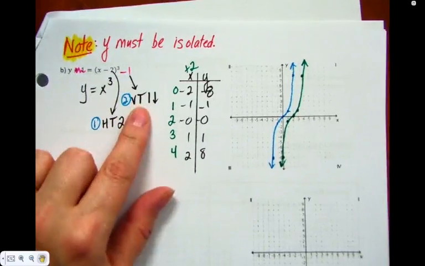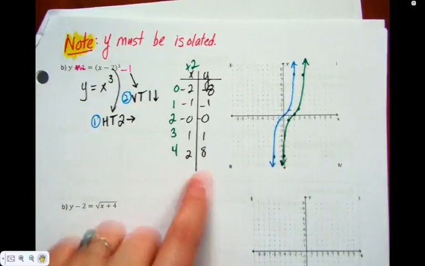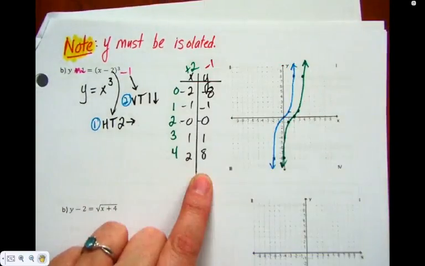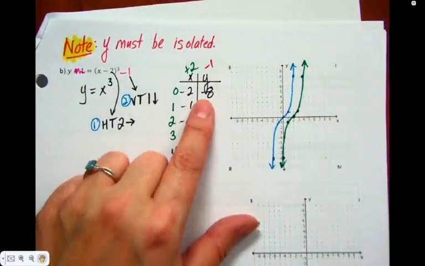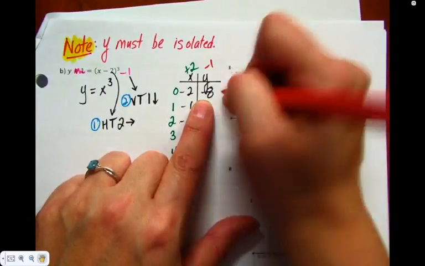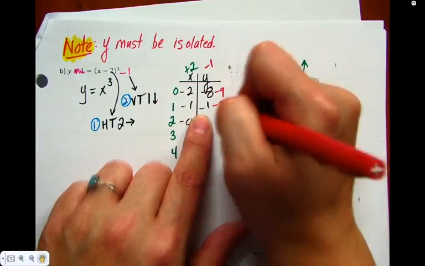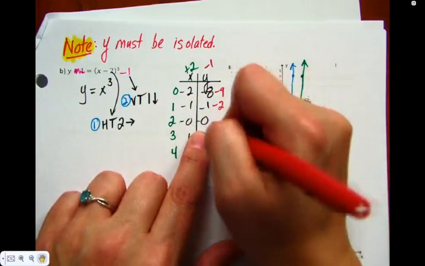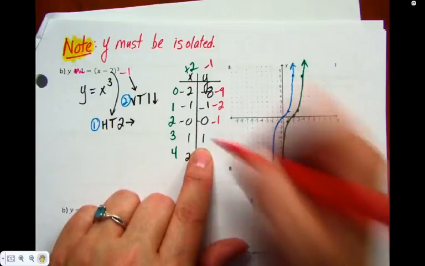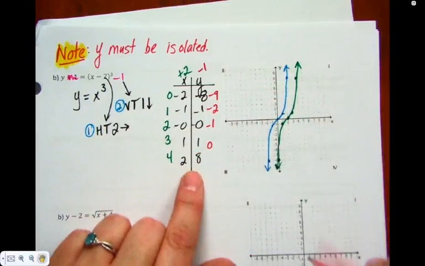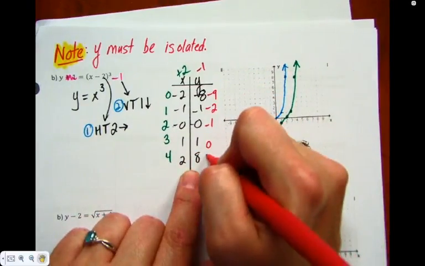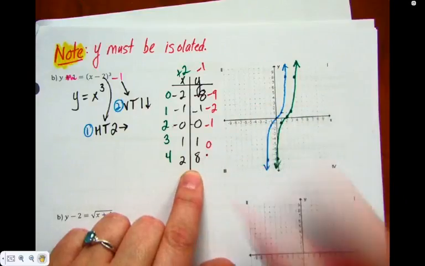Now I'm going to do the vertical transformation. Again, if you want to go to the coordinates, we're now going to y and we're minusing 1. So negative 8 minus 1, negative 9, minus 1 minus 1, 0 minus 1, 1 minus 1, and 8 minus 1.